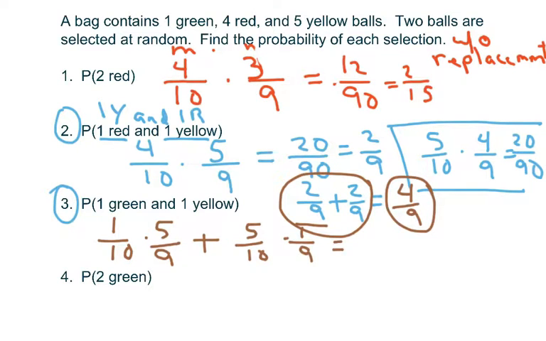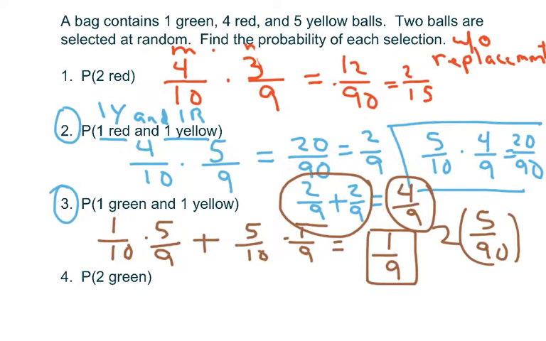So since these two amounts are the same, they're 5 over 90, you're just multiplying this by 2. So you go 10 over 90, which gives you 1/9. So that's going to be 1/9 here.